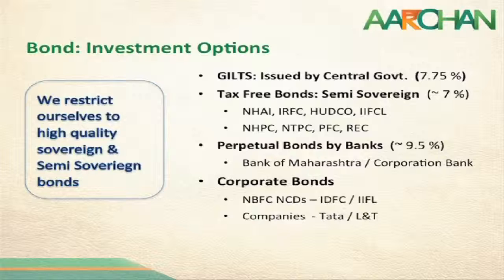You would have seen the primary issue of some tax-free bonds over the last 3 to 5 years, and they give about 7% return. They come from many semi-sovereign organizations. Perpetual bonds by banks have always been in small quantities. Corporate bonds are the only ones which have not developed fully, but are likely to develop in a short period of time.